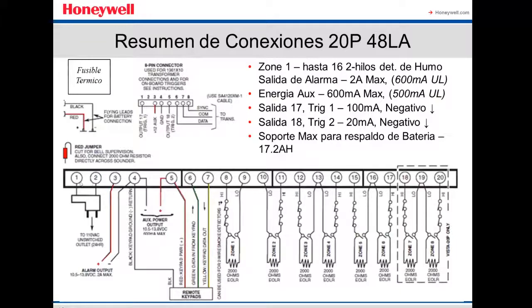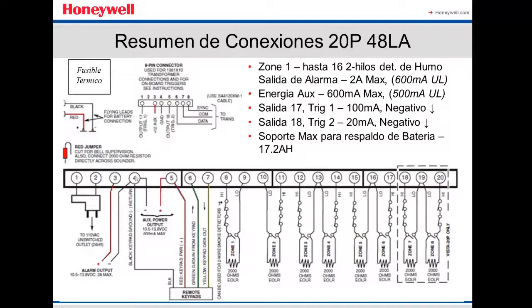Basically, number 1 and number 2 are the power. It's AC power, so the polarity doesn't matter, it could be positive or negative. 3 and 4 are dedicated for the alarm output, like a siren or anything.